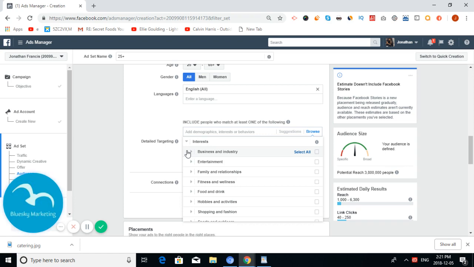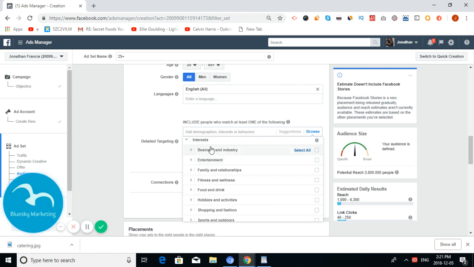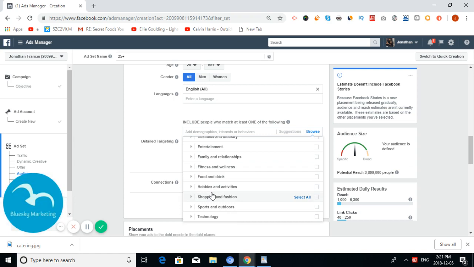Let's just say you like a cat page. Facebook then knows that you like cats. And if a cat company comes to market and they select people who like cats, chances are you're going to be in that field. So you can really target down the people who like in the business sector, entertainment, fitness and wellness, food and drink, shopping and fashion, sports and outdoors, etc.